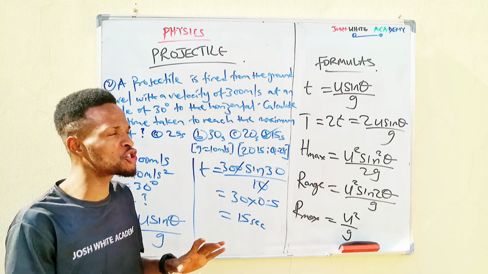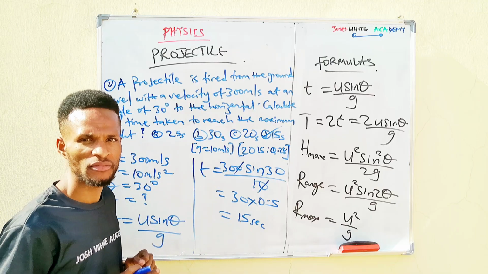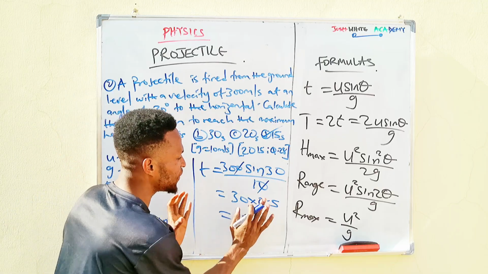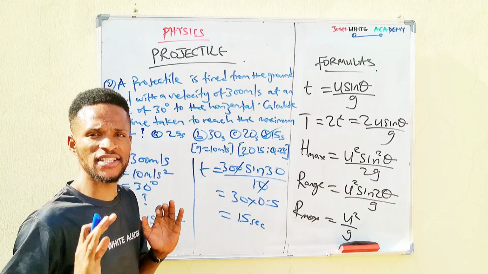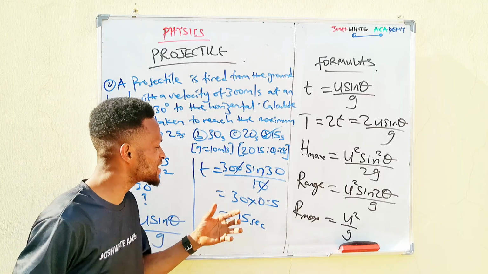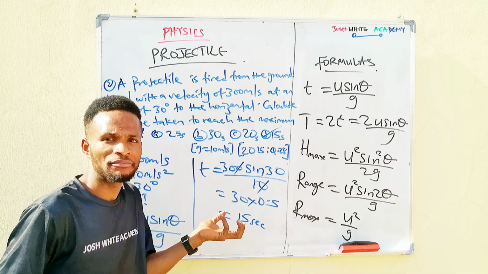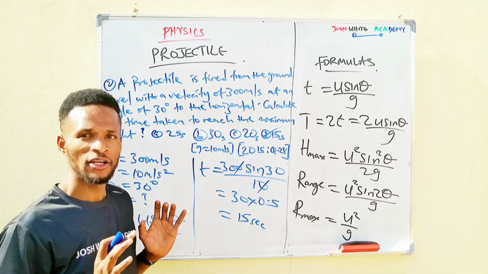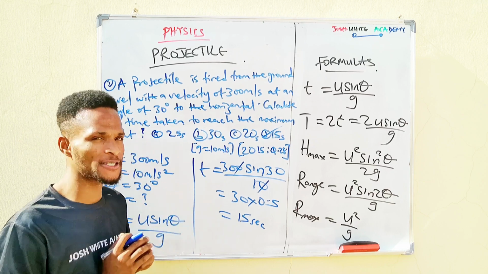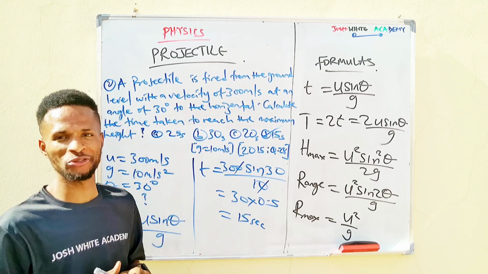So it's expedient you master these ones. For instance, sine 30 is 0.5, similar to cos 60, which is also 0.5. And sine 60 is similar to cos 30, which is 0.866. So it's very important you master this. So let's move to the next question.